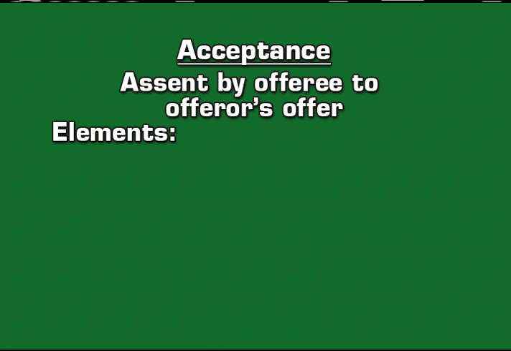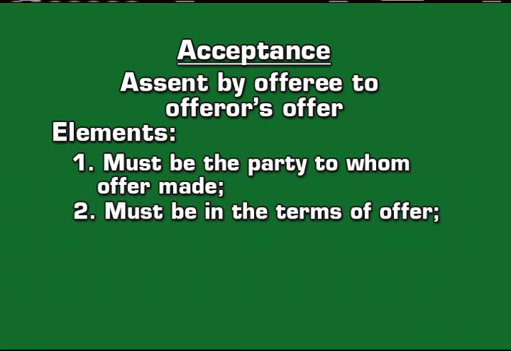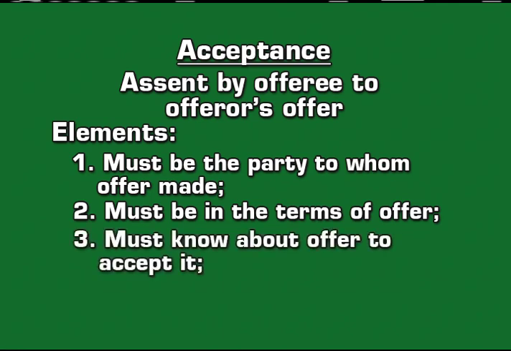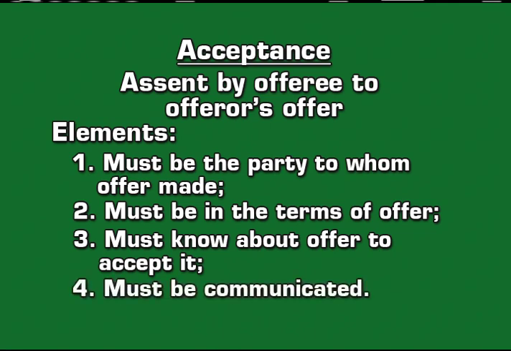The offeree can accept, nobody else. Number 2, it must be in the terms of the offer. Thirdly, the offeree must know about the offer to accept it. And fourth, it must be communicated.